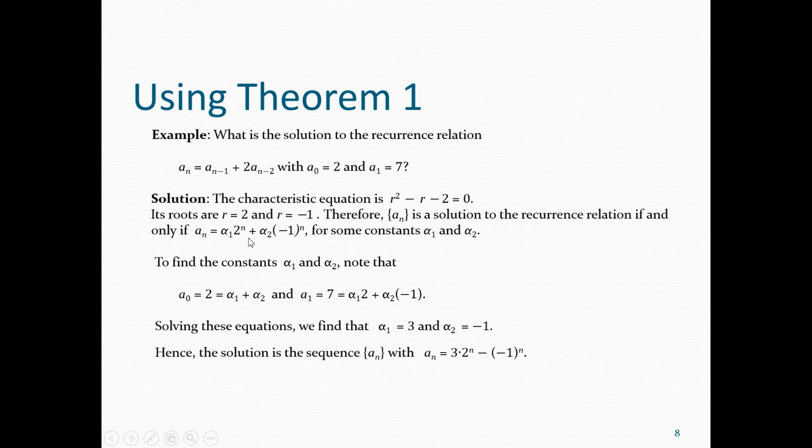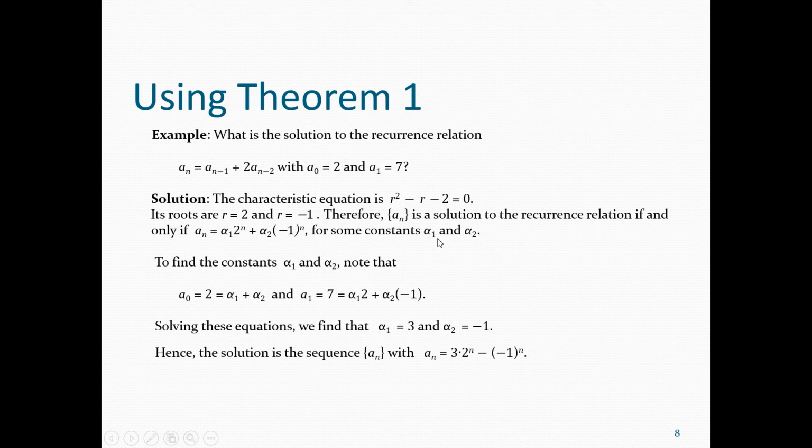So according to theorem 1, the solution of this recurrence relation will be an = α1 2^n + α2 (−1)^n, where r1 is 2 and r2 is −1. This is the solution using theorem 1.